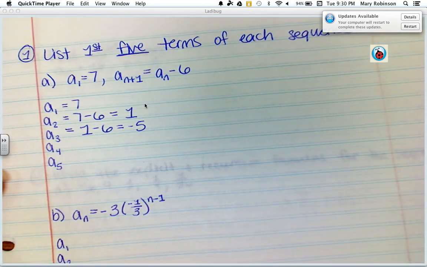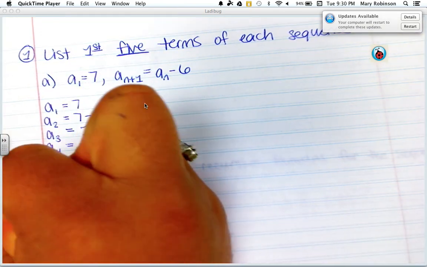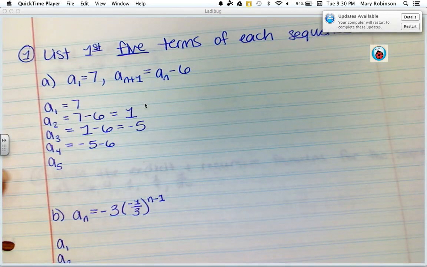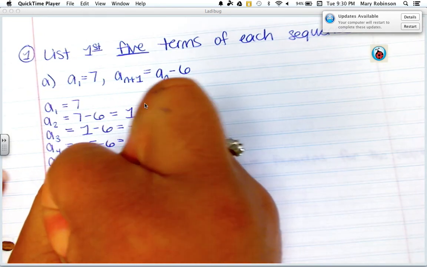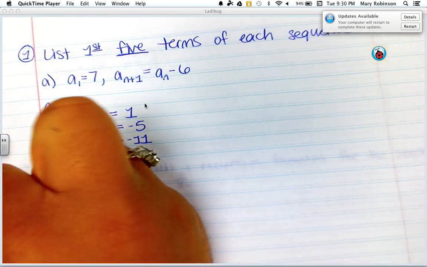A sub 4 is going to equal A sub 3 minus 6. So A sub 4 equals negative 5 minus 6. Negative 5 minus 6 is negative 11. And the fifth term, A sub 5, is going to equal A sub 4 minus 6.